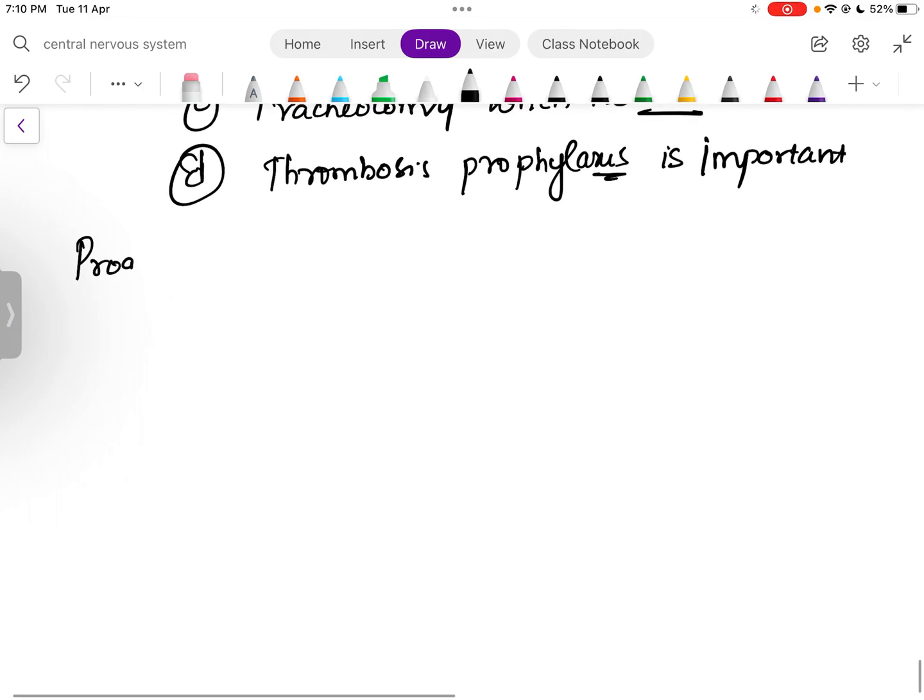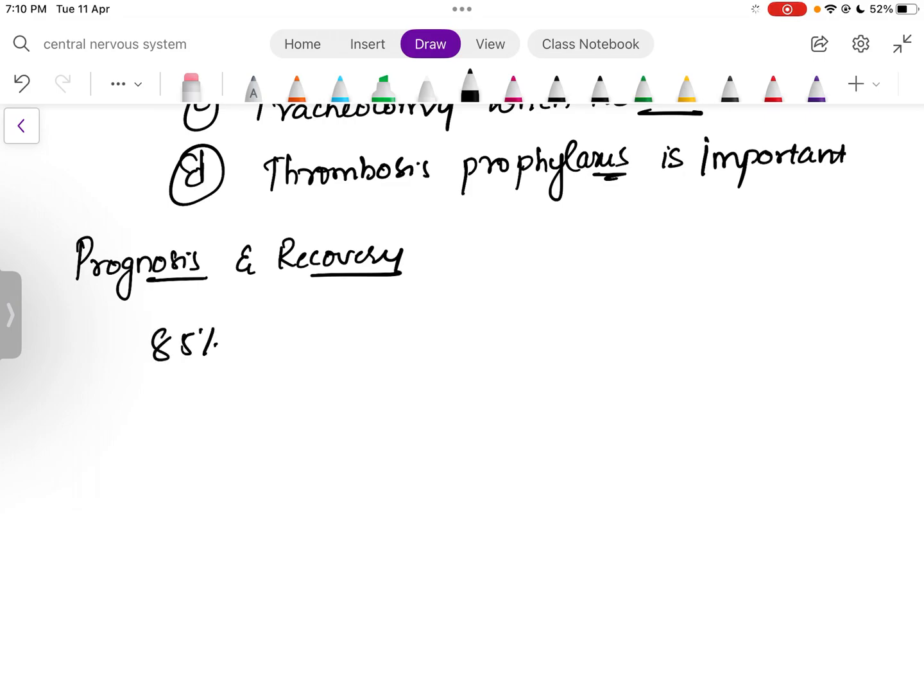Next, what will be the prognosis and recovery? 85% of patients will recover, and there will be a full functional recovery.